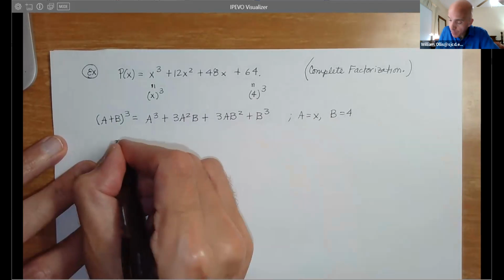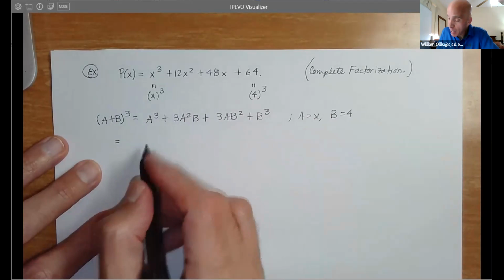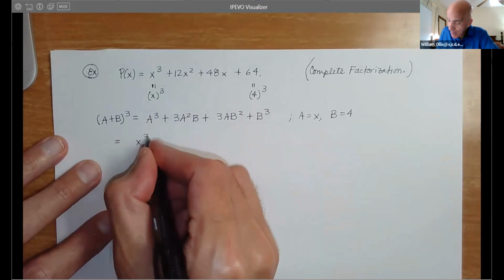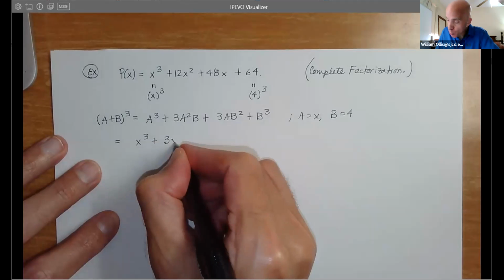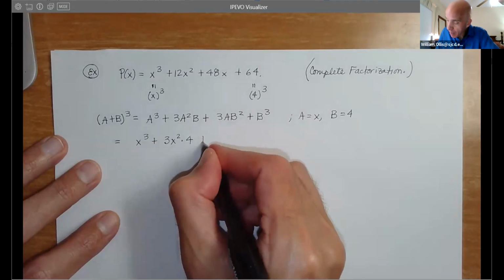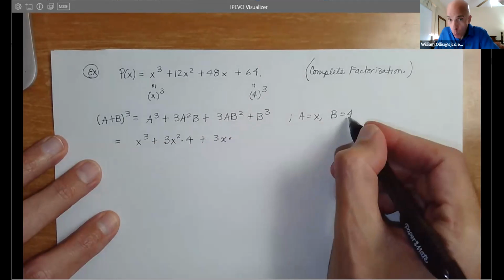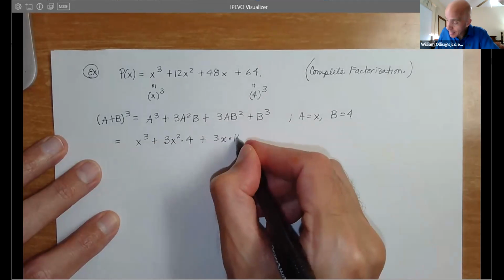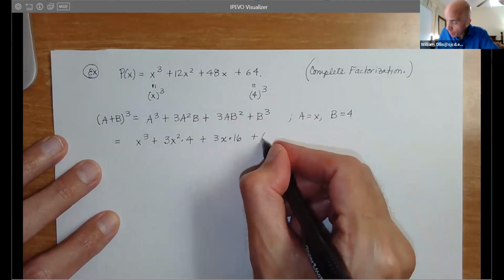So if we fill everything in, let's see if we actually get a factorization for cheap. So we get x cubed plus 3x squared times b, so that's a 4, plus 3 times x times 4 squared, that's a 16, plus obviously 64 here.